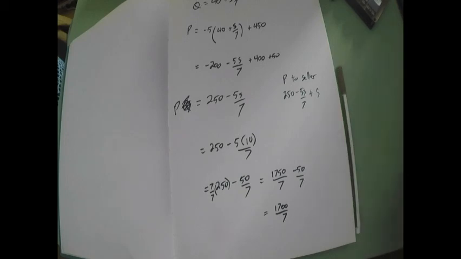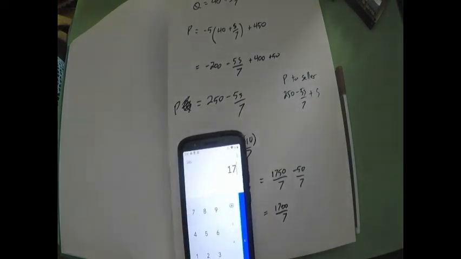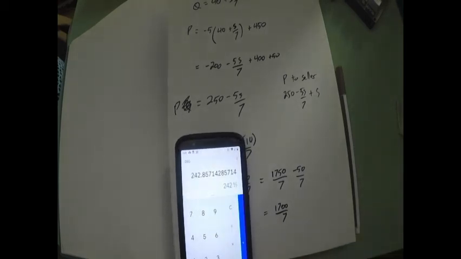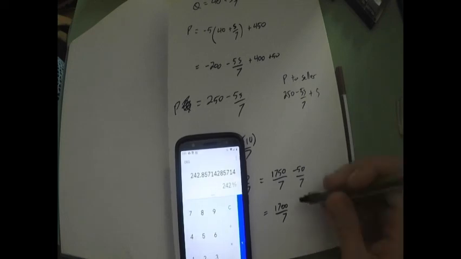And that is not evenly divisible, so let's be lazy. 1700 divided by 7, 242.85, which is remarkably close to what this student got in her email. 242 and 6/7. That's a nice round fraction there.